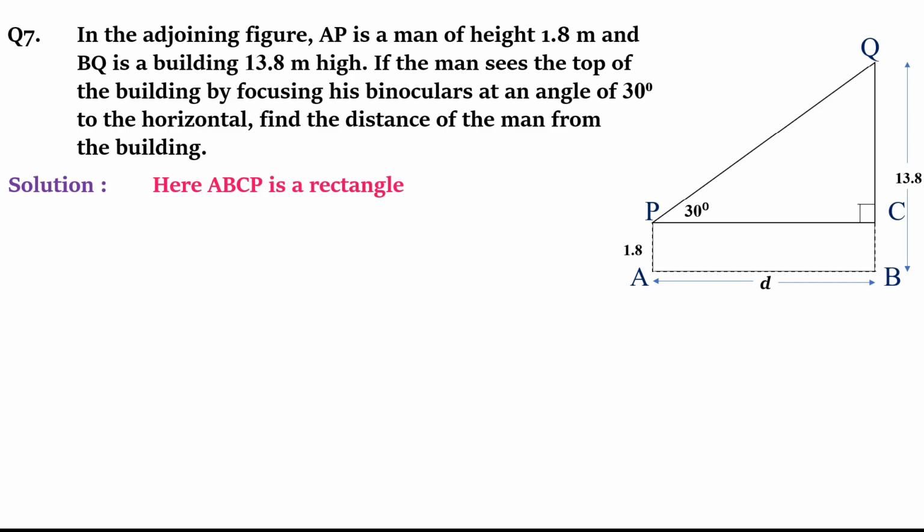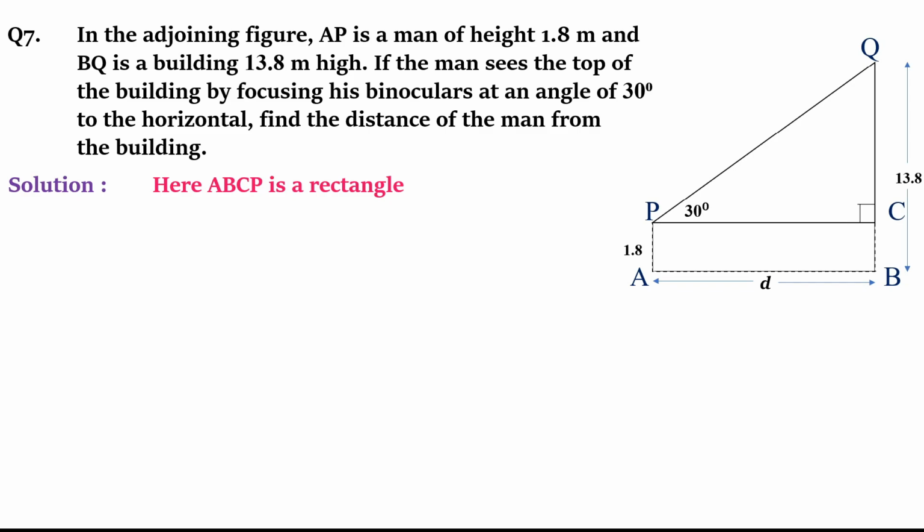In this quadrilateral ABCP, angle P is unknown. So if I use angle sum property rule, because the rest of the three angles are 90 degree each, fourth angle, that is angle APC, by angle sum property rule, it also comes out to be 90 degree. Since all the four angles of a quadrilateral are 90 degree each, ABCP becomes a rectangle.